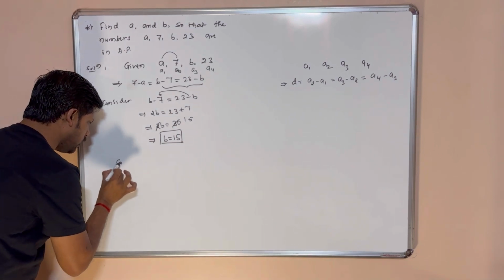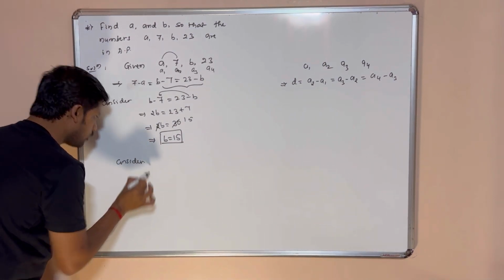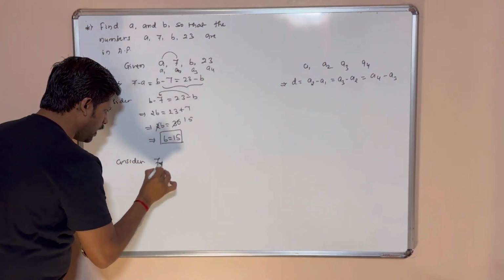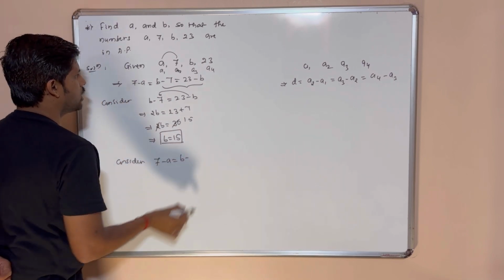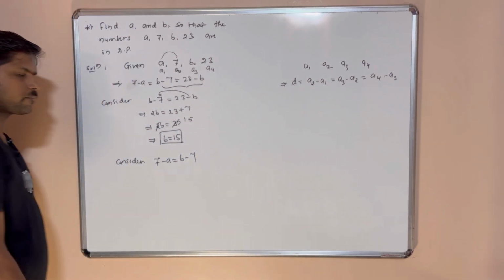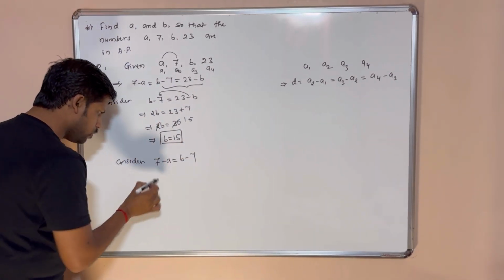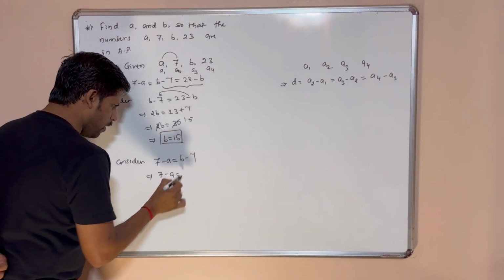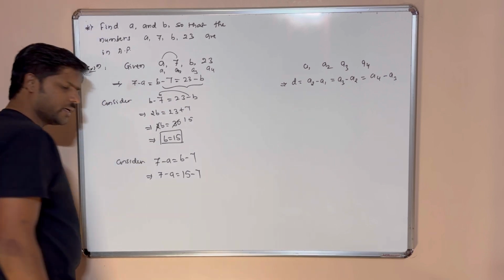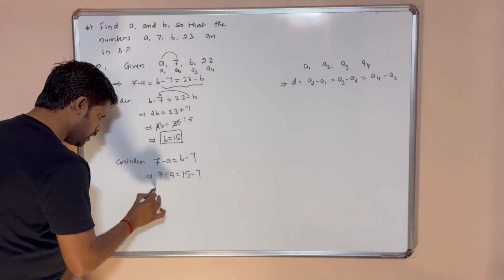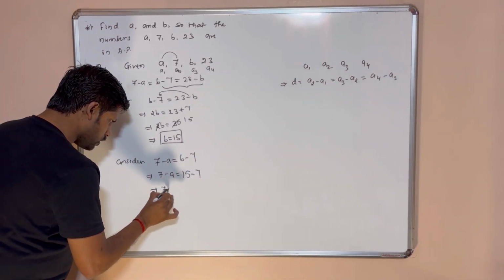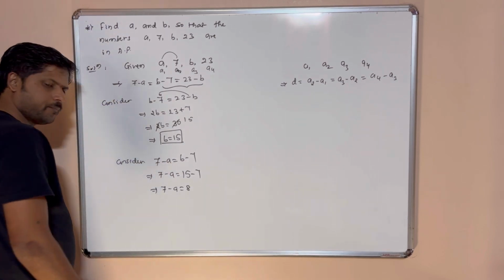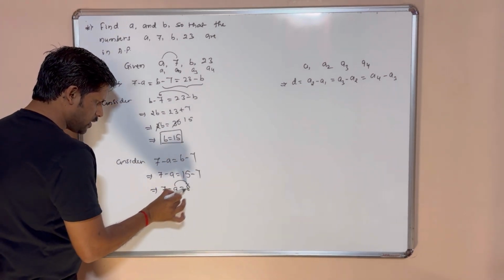Now I will consider the first 2 terms. That is 7 minus A is equal to B minus 7. Now here we have the B value: 7 minus A is equal to 15 minus 7, that is 8. 7 minus A is equal to 8.